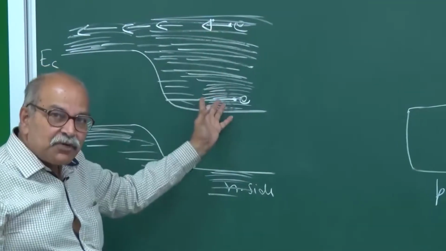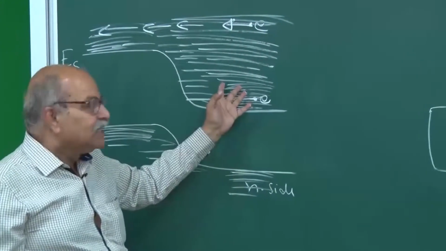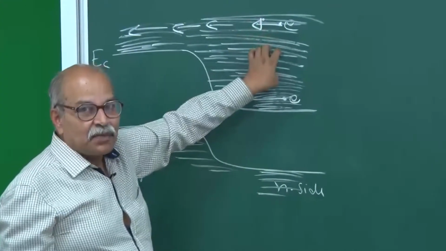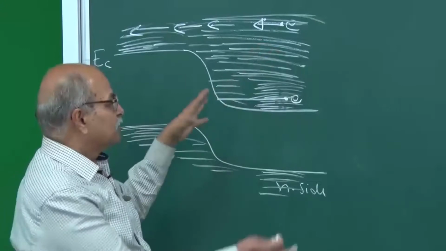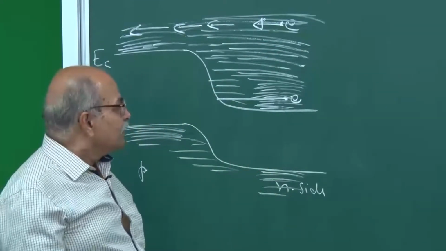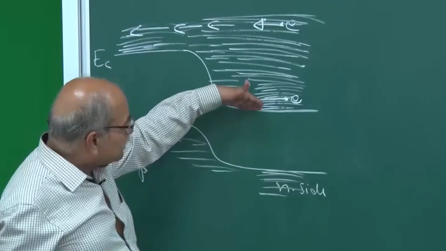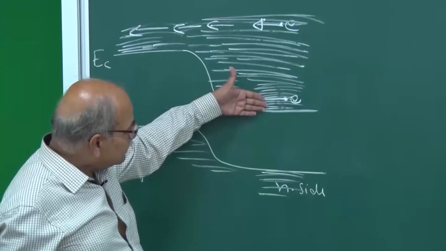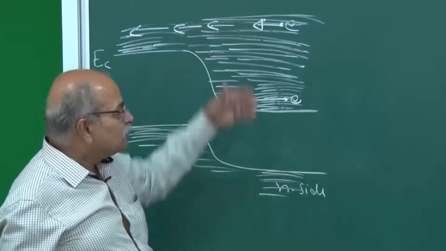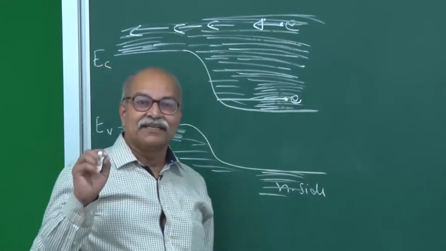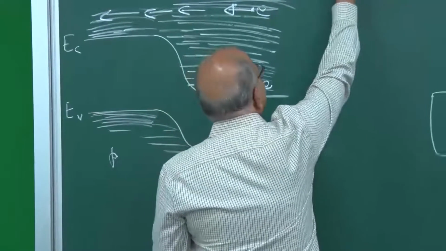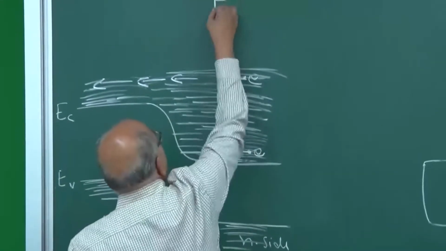So the distribution of electrons in quantum states of different energies is very important if you want to calculate the currents and anything. And to get that distribution, how many electrons are at these energies, you need a very important concept, a parameter known as the Fermi energy.